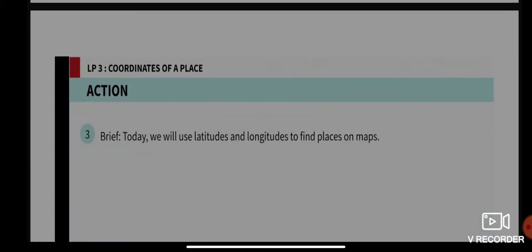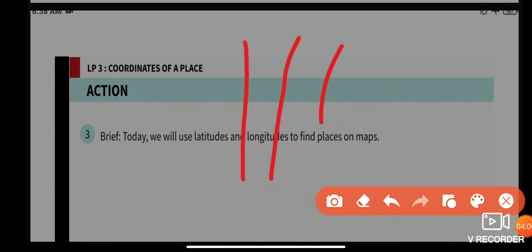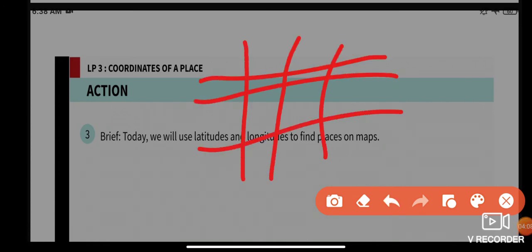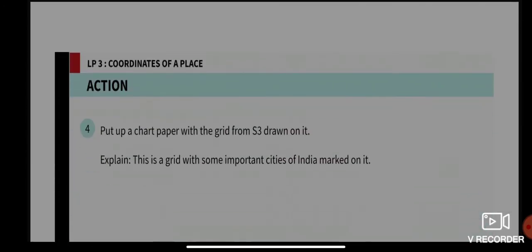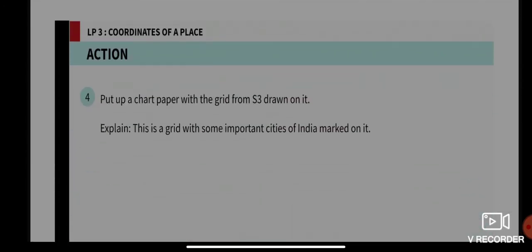So today we will use latitude and longitude to find places on Earth. We will use latitude and longitude to find places on a map. Am I clear? So I will show you a grid.